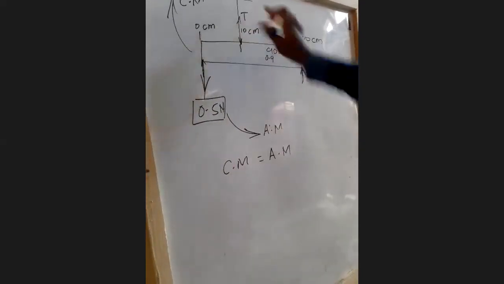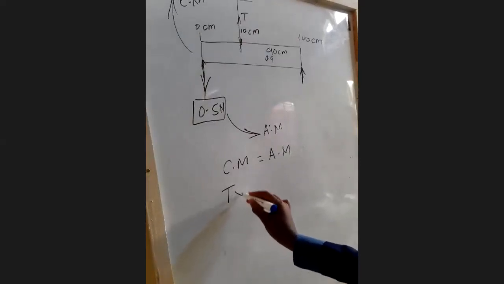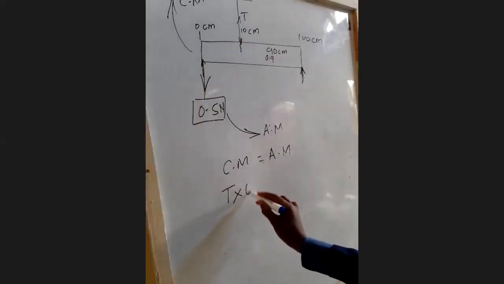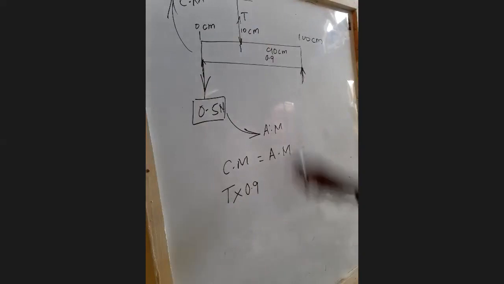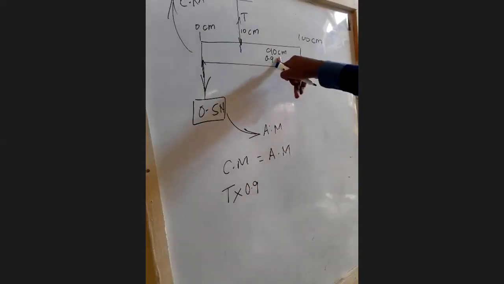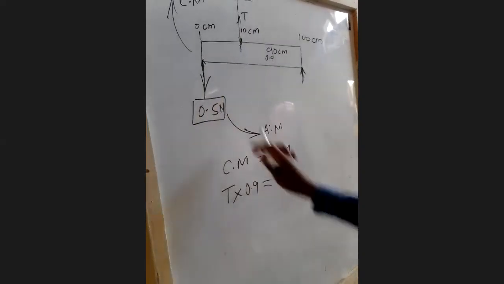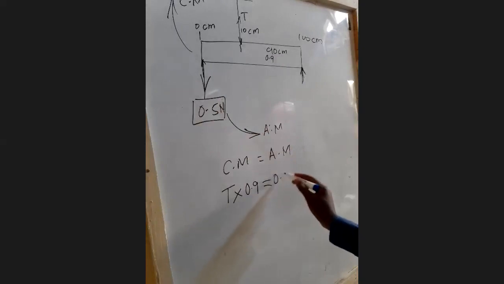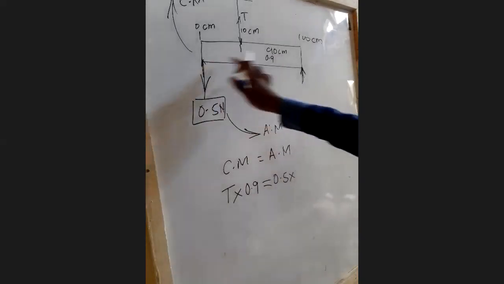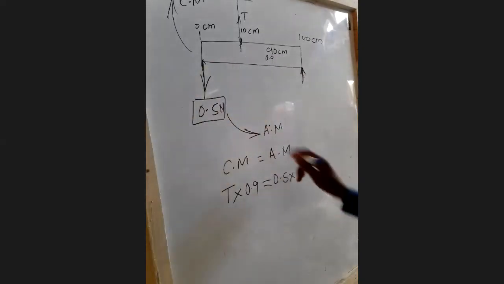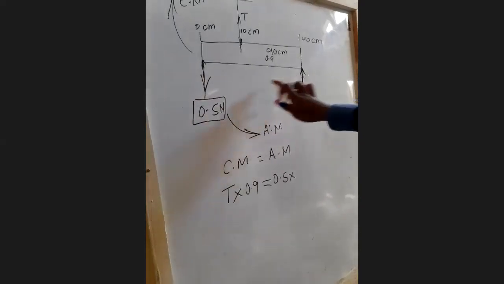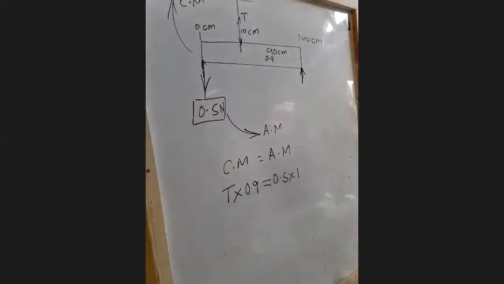Our force here is tension T, which we don't know, times the distance of 0.9 meters. Everything has to be in meters and Newtons. This should be equal to the counterclockwise moment, which has a force of 0.5 times the distance. It is covering the entire distance, that is 100 centimeters, which is 1 meter.